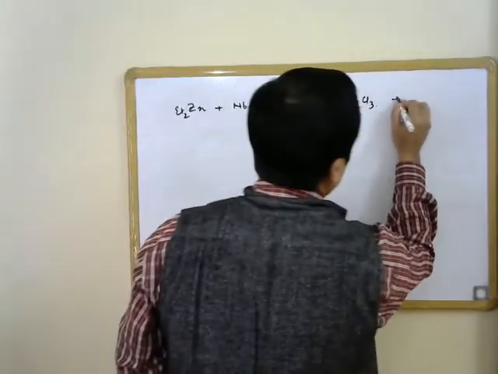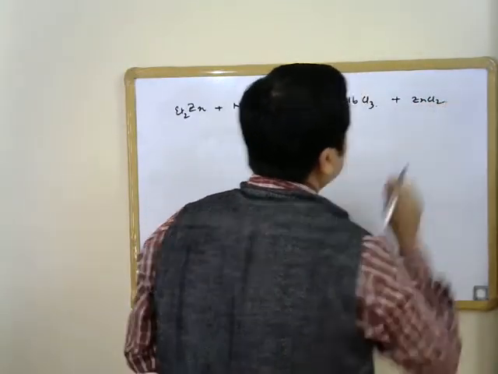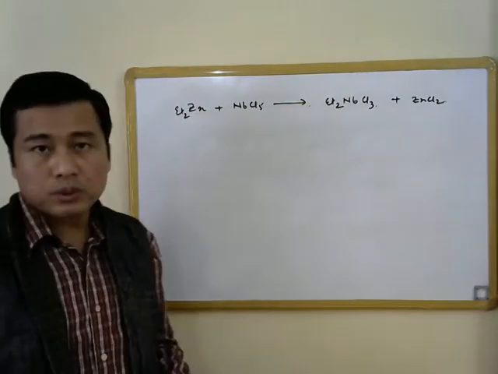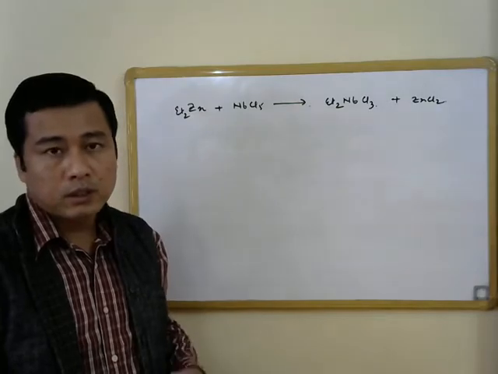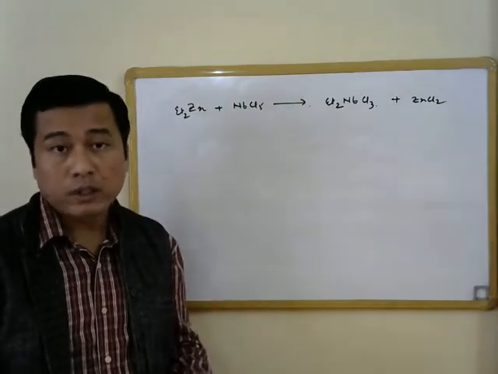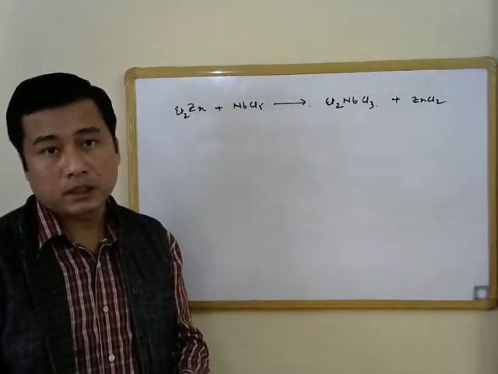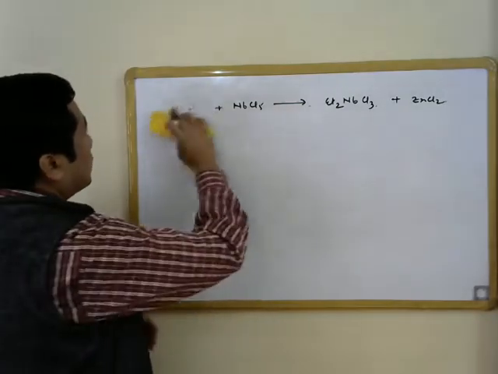The byproduct is going to be ZnCl2. So that is how one can use organozinc reagents in organometallic transalkylation reactions where one needs to use milder reaction conditions.